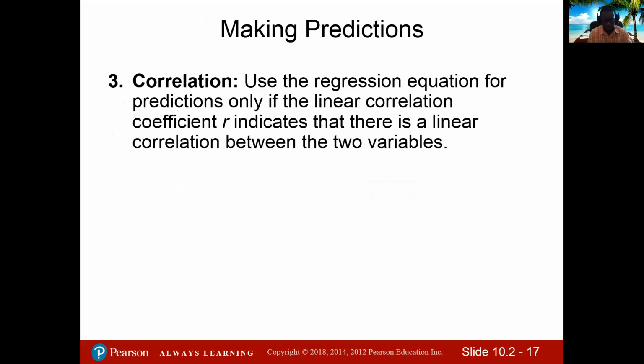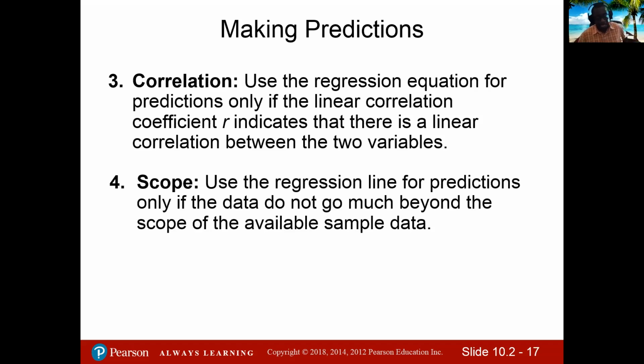So use the equation to make future predictions. Okay. Now the scope: use the line for predictions only if the data do not go much beyond the scope of the available sample data.